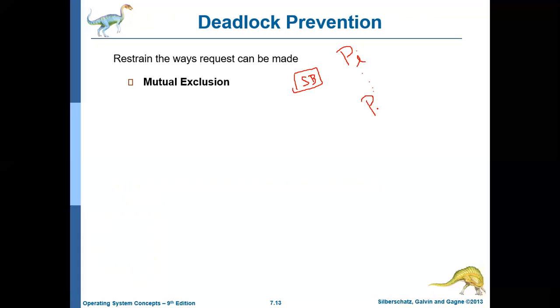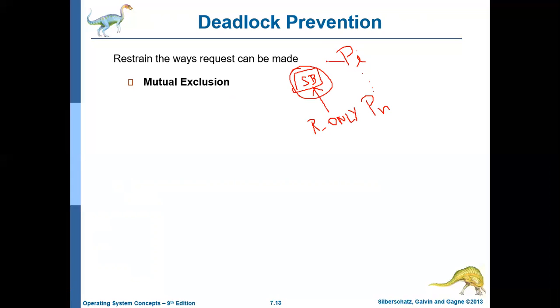Okay, but assume that this shared resource is a read-only file. That is, it is a file on which the process can perform only a read operation. They cannot write to it. In that case, you need not follow the concept of mutual exclusion.